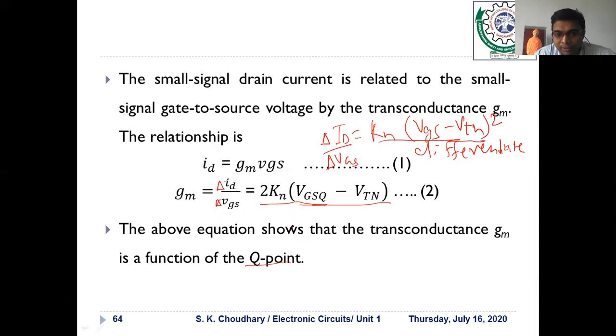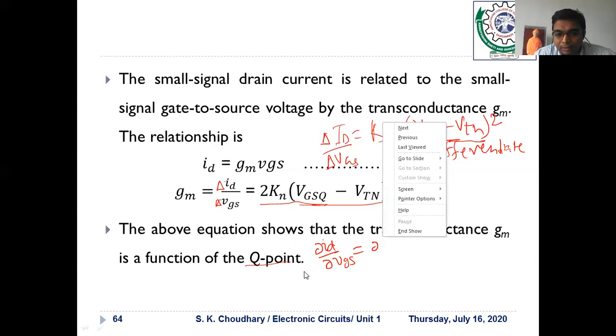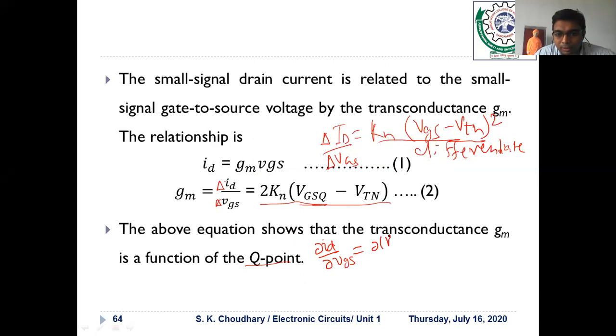You have to see the differentiation formula. So del of ID upon del of VGS is, here ID is Kn into VGS minus VTN whole square, bracket closed, upon del of VGS.